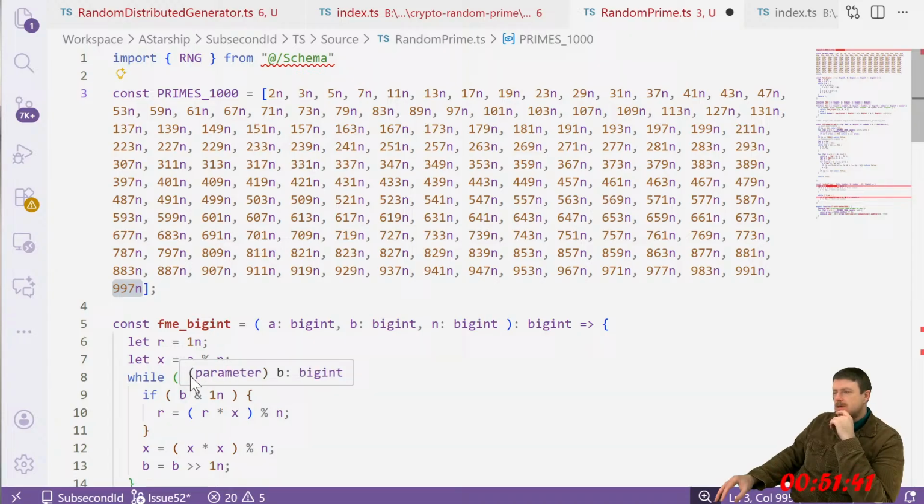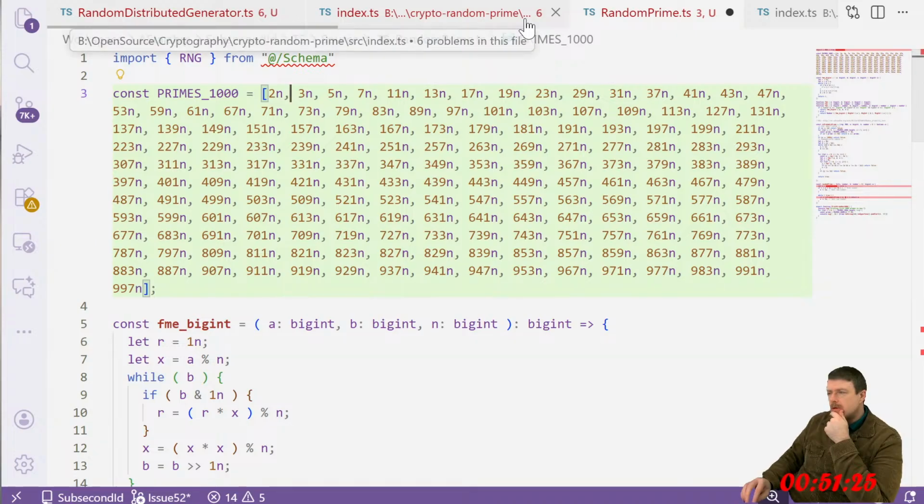I'm going to store them in... I could use a function that creates this. I'm not going to do hex because I just don't want to convert.